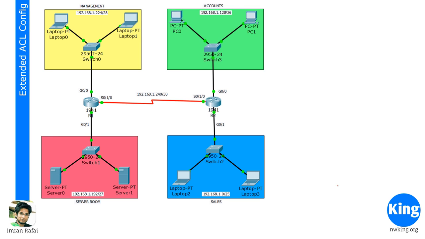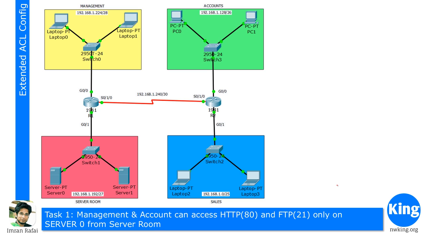Right, so let's look at a scenario, and we'll try to configure this. Our first task says management and accounts can access HTTP 80. HTTP 80 is nothing but web traffic, right? And FTP traffic only on server 0, right?